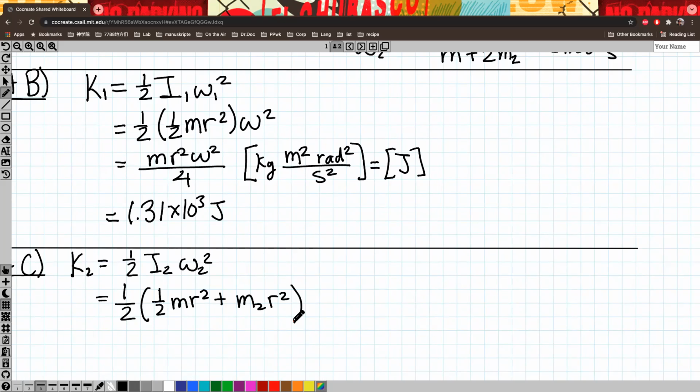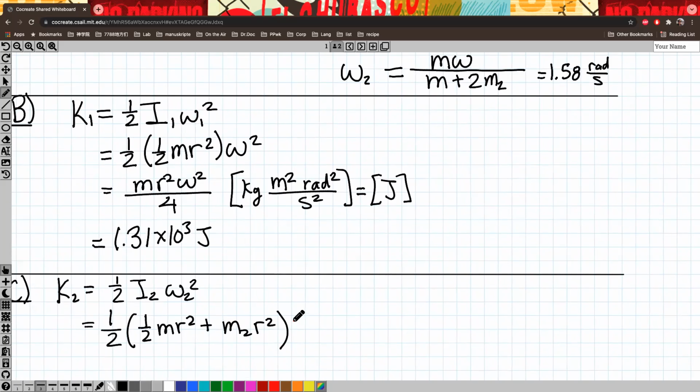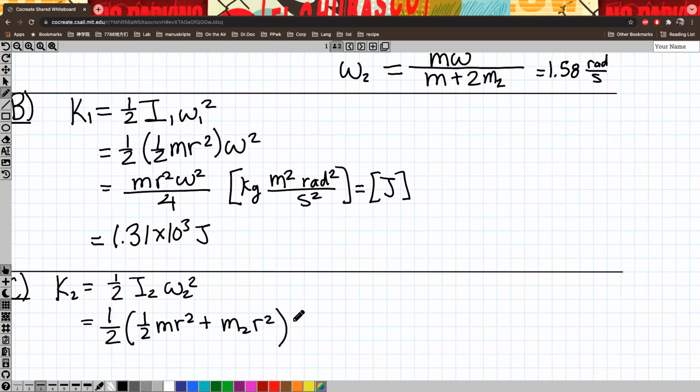And then the angular speed we calculated in part A. So we have mass times the initial angular speed over mass plus 2 times the parachutist mass, and then square everything.